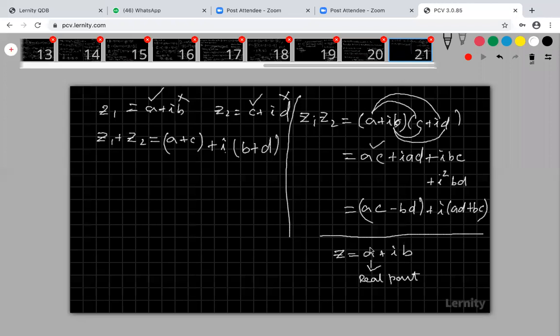So this is called the real part of Z, and it is simply written as real Z. This B is called the imaginary part of Z, and this is simply written as imaginary of Z.